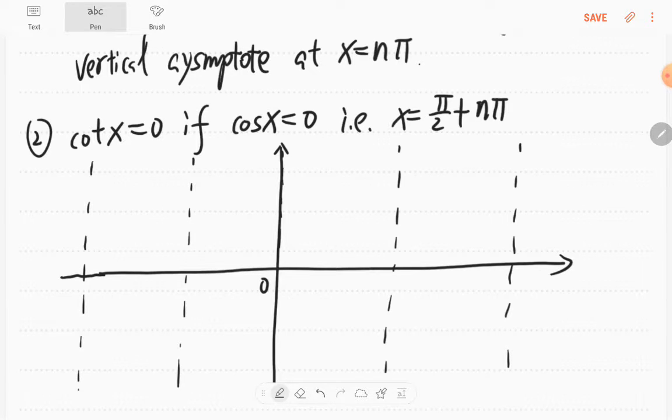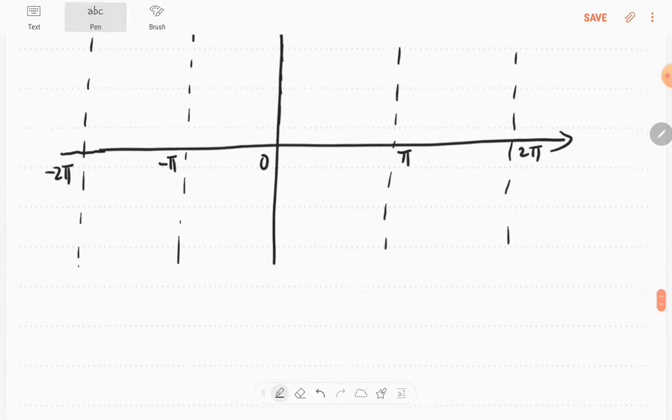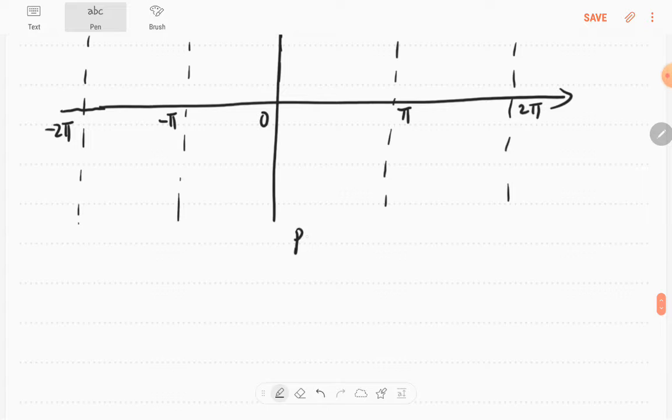This is negative 2 pi, right? So this is 0, pi, 2 pi, negative pi, negative 2 pi. Okay, and so we have the different cycles, right? So we will focus on this cycle. This is called the principal cycle.